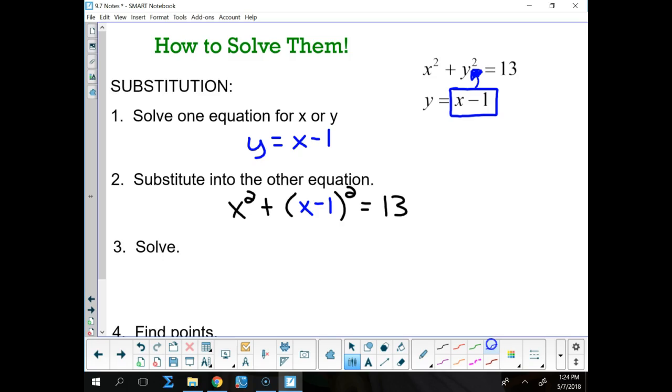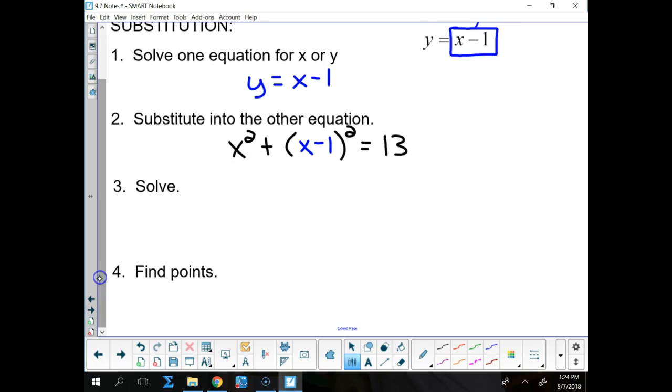Now we've got to solve that. If there's one thing that you take away from mathematics with me, it's that x minus 1 quantity squared is not x squared minus 1.